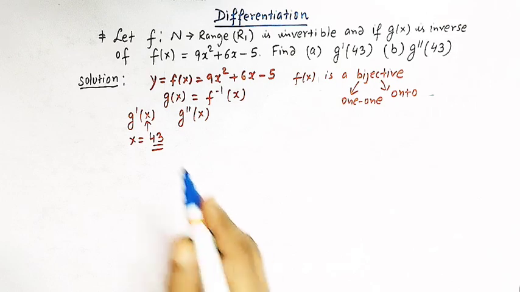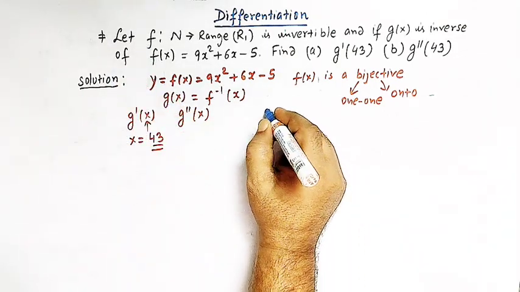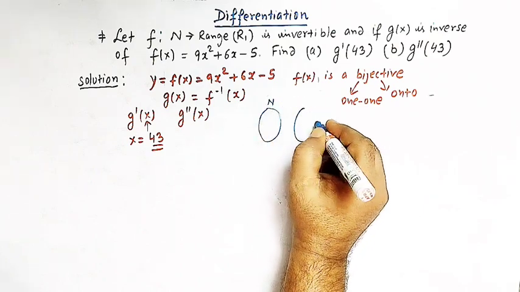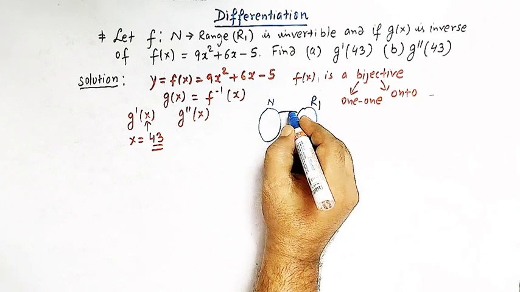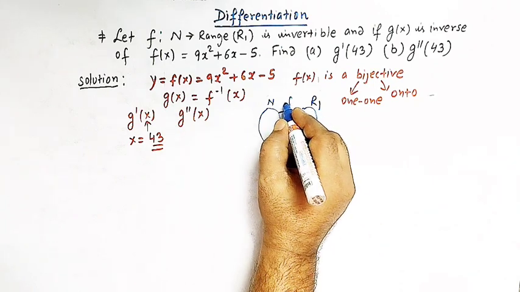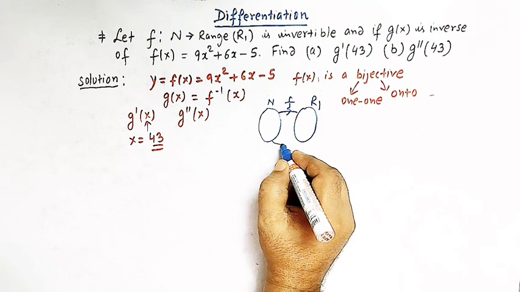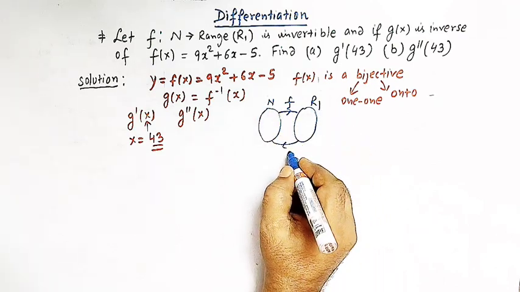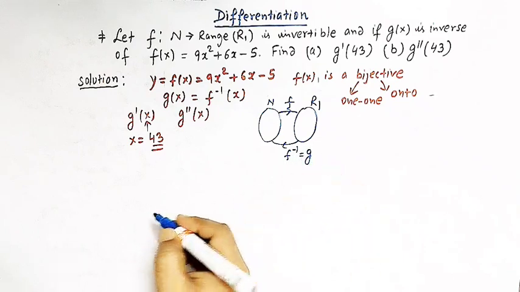So now let us quickly discuss this function f of x. So here we have the set of natural numbers. Here we have the set of range, and the function is given as from N to R, right? So the inverse function is from R to N, right? So this is f inverse, that is equal to g, right?